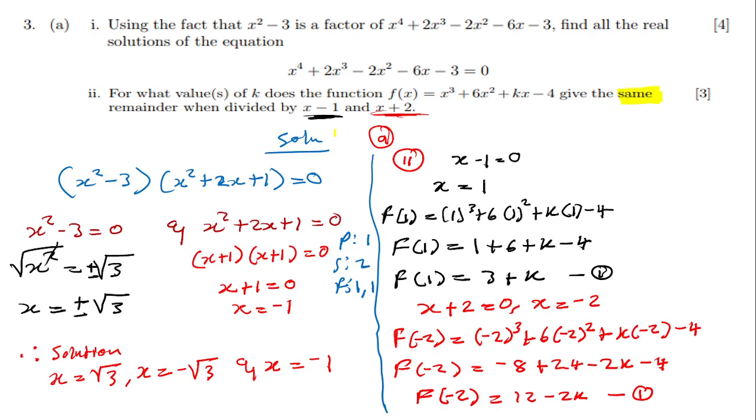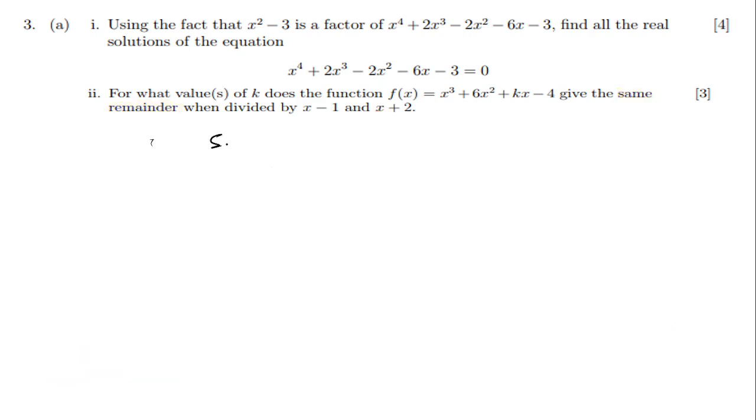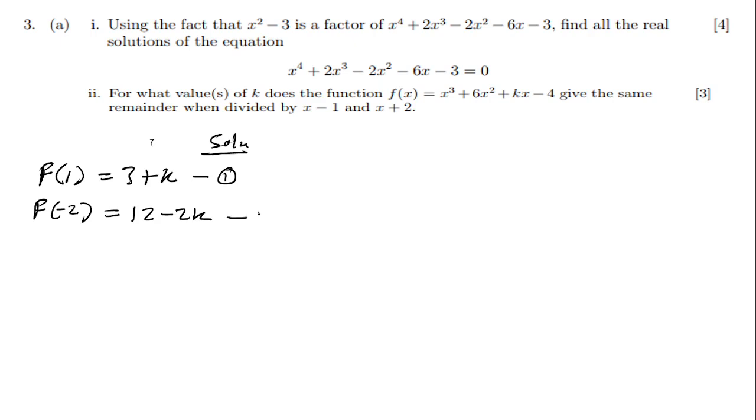Since they are telling us that these two guys have the same remainder, we have f of 1, which is simply equal to 3 plus k as our equation 1, and f of negative 2, which is simply equal to 12 minus 2k. This one is our equation 2.